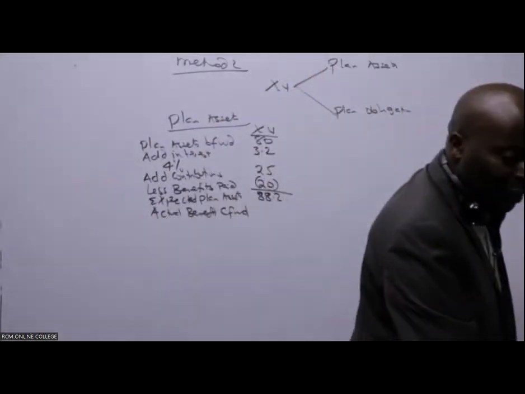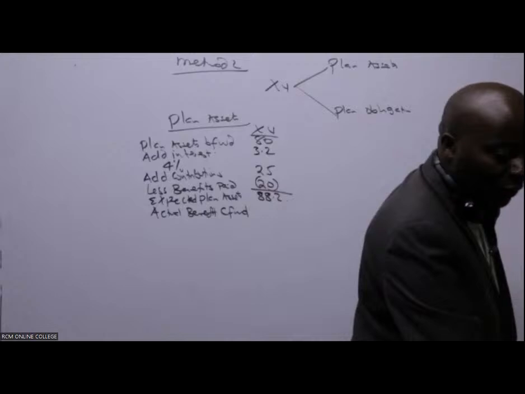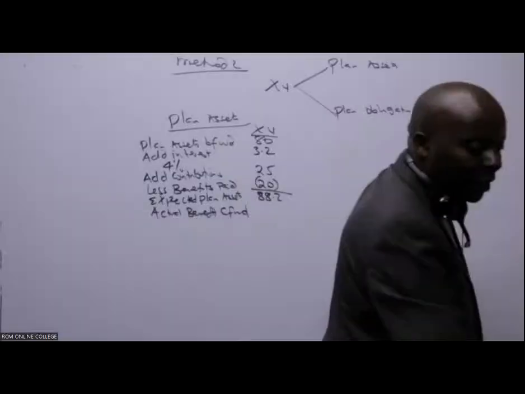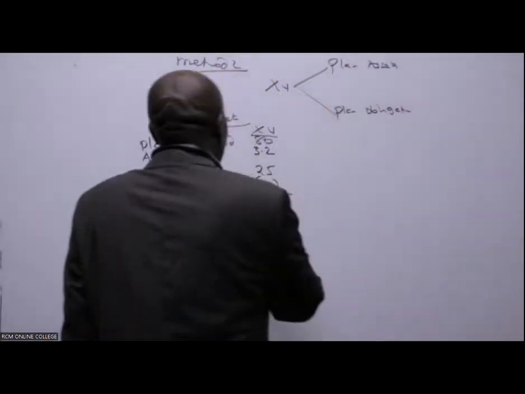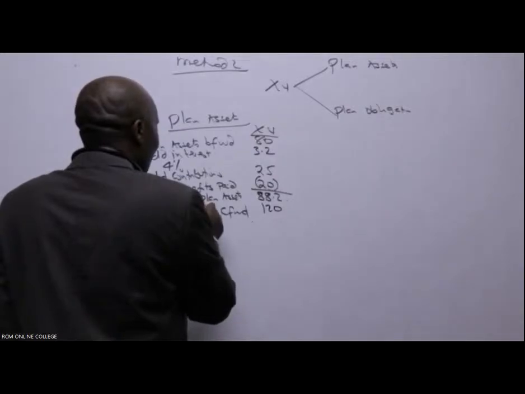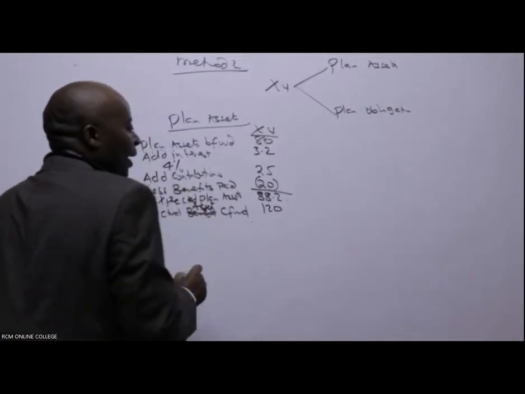Not benefits, but assets, sorry. So actual assets at the end of the year, this one here, 120. At the end of the year, we have our actual assets being 120.